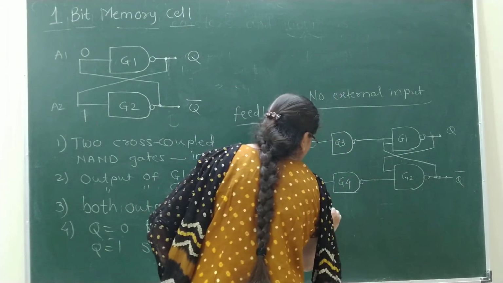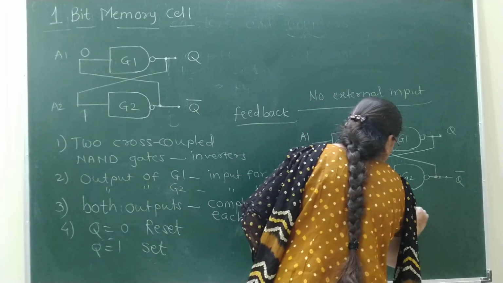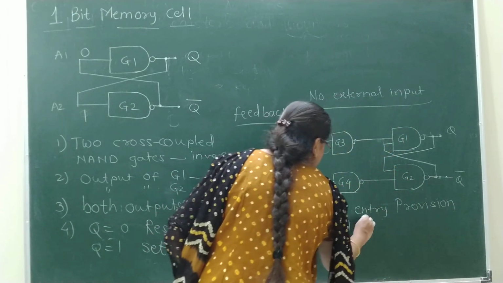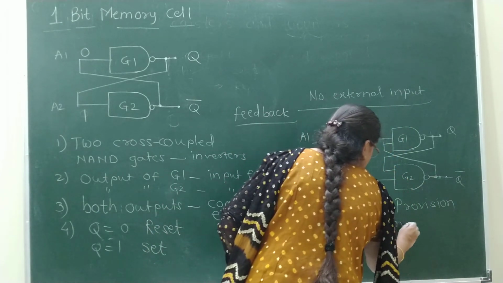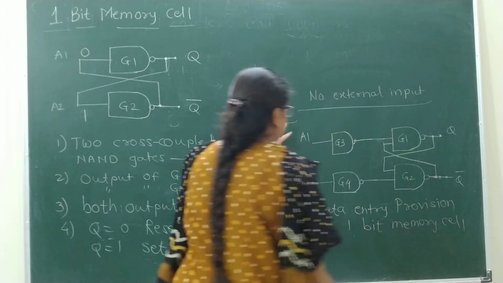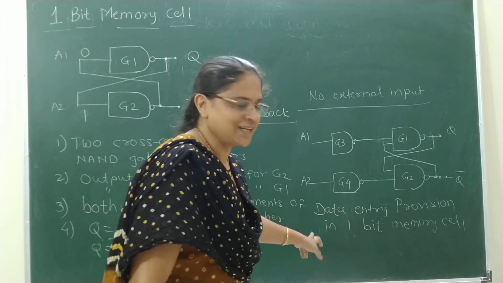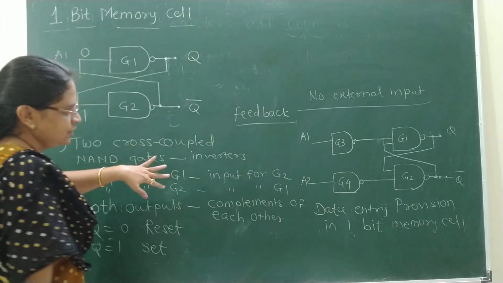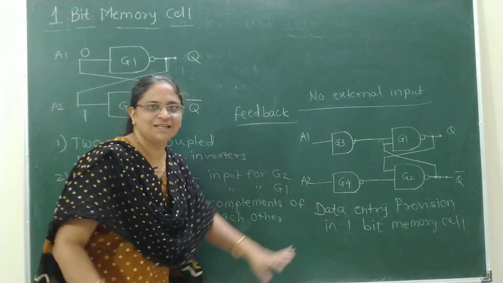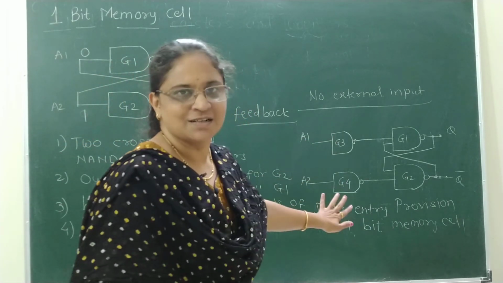So this circuit is known as data entry provision in the 1-bit memory cell. Here external input can be given through the additional two NAND gates. That is the new modified part of the 1-bit memory cell, to apply externally the required input that is to be stored in the circuit.